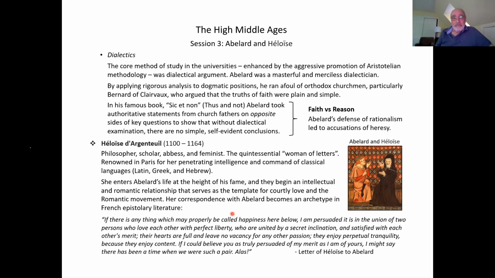She is the great, maybe first, if not first, very early medieval woman who you would call a self-conscious feminist. She's the quintessential woman of letters. She's renowned in Paris in her time for penetrating intelligence and command of classical languages. She knew Latin, Greek, and Hebrew.